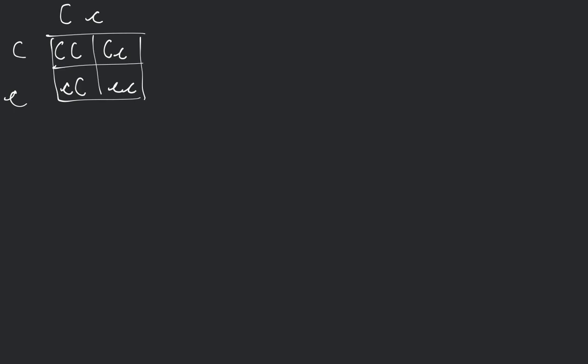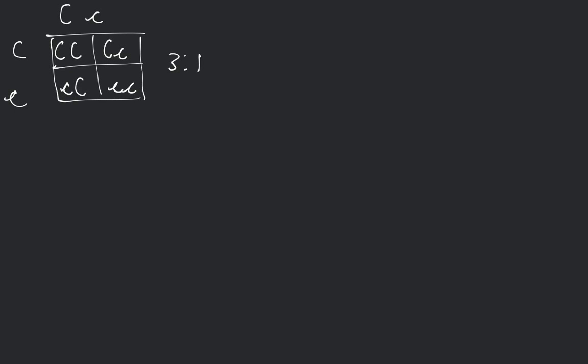So here we need to find out the 50-50% chances. In the first one, we took both the recessive forms, and here we are getting 3:1. But we need to find out the 50-50 ratio, right? And here we cross this with capital C and small c, right?